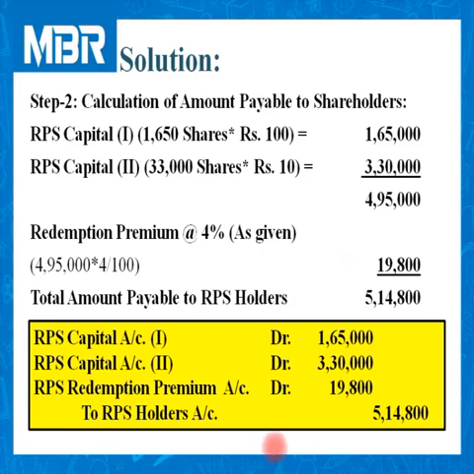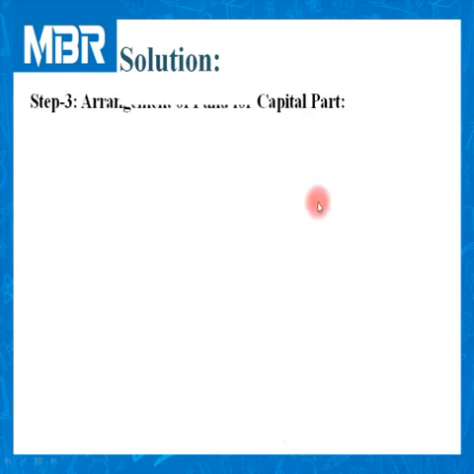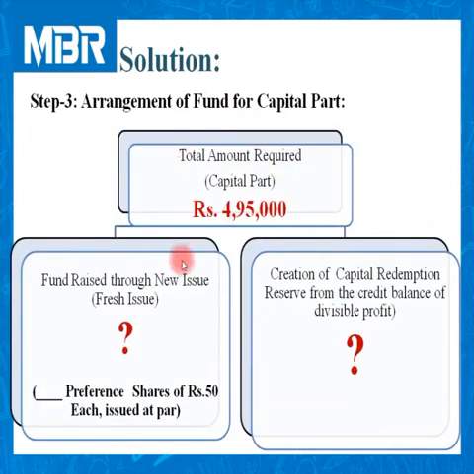At the end of step 2, now we are entering into the most important part of our solution, that is arrangement of funds for the capital part. As we know, we are in need of rupees 4,95,000 in order to adjust the capital part for the purpose of redemption. 1,65,000 for type 1, 3,30,000 for type 2.